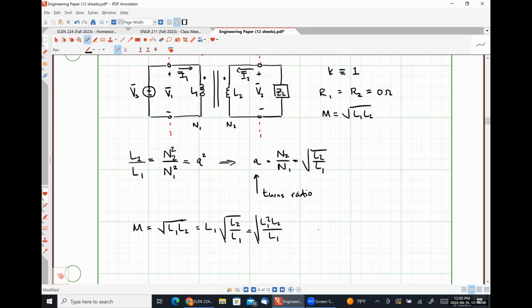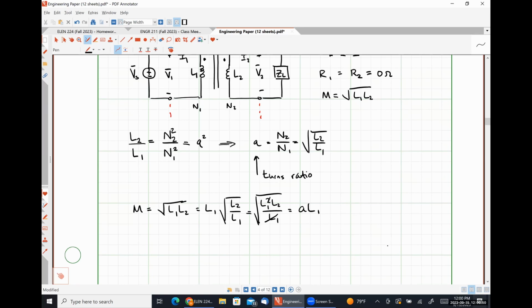So anytime we see our mutual inductance, we can actually just put it in terms of A and L1. L2 is just going to be A squared times L1, because that would literally be L2 divided by L1 times L1.